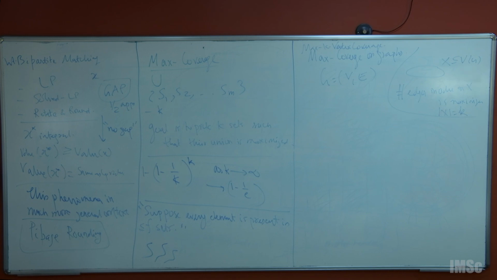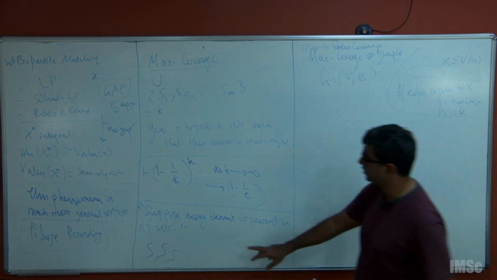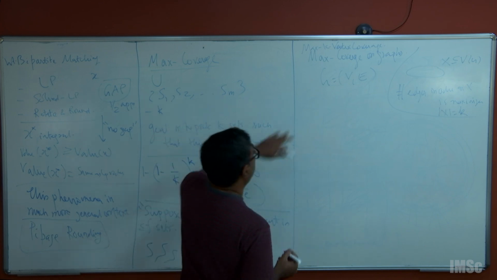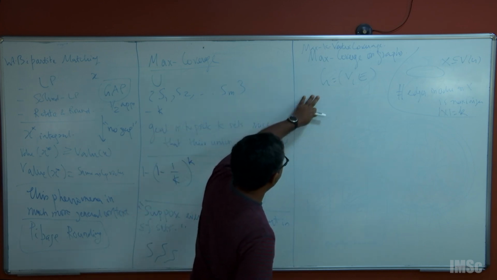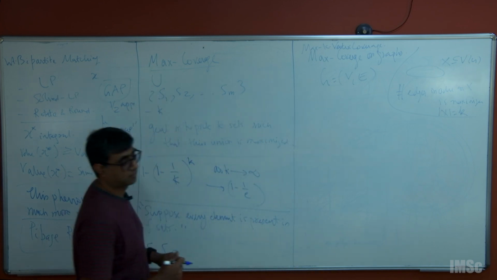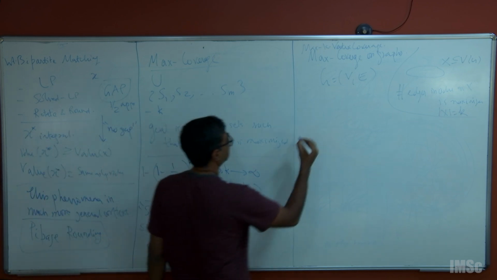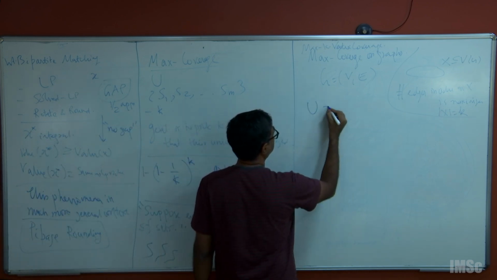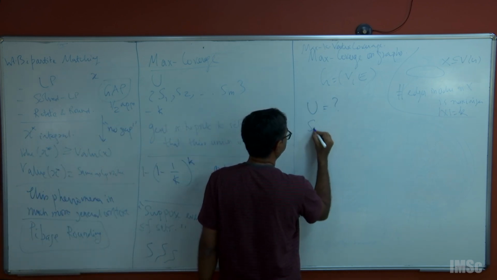Okay. So first, forget about this. We'll get to this, right? But how can I model my max coverage in graphs as normal max coverage? What is my universe, and what are my set systems?